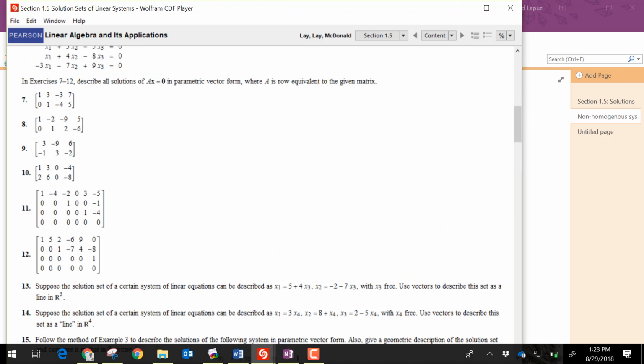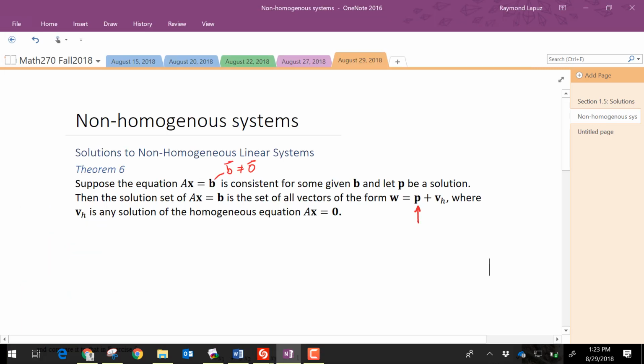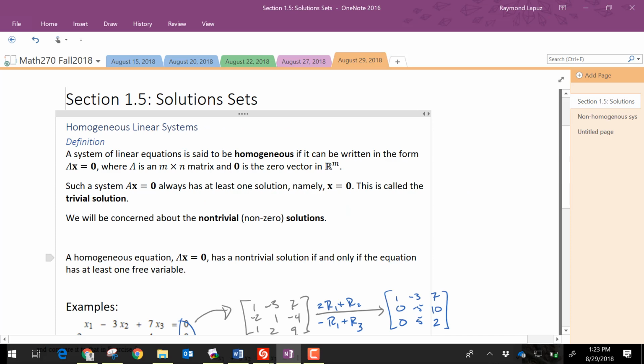Let's take our previous example and change it to make it non-homogeneous, since we have the solution to the homogeneous system.